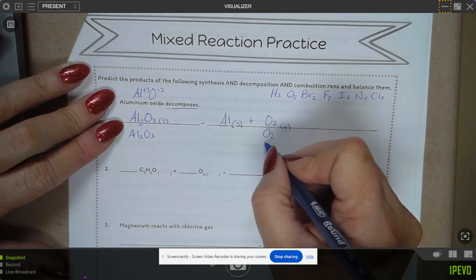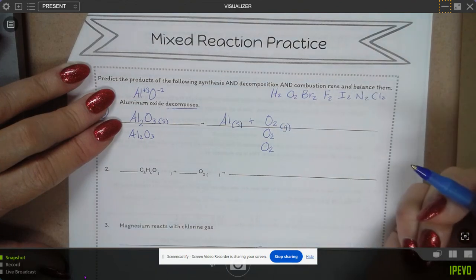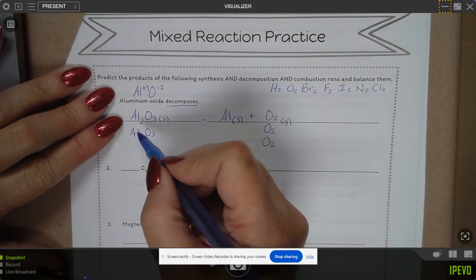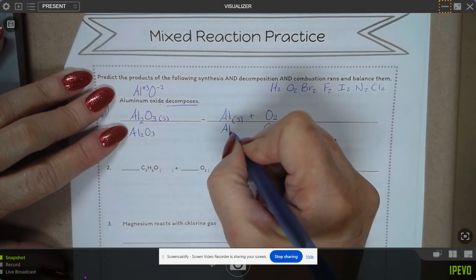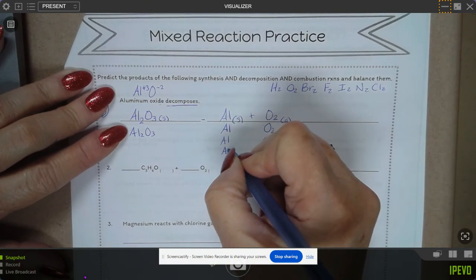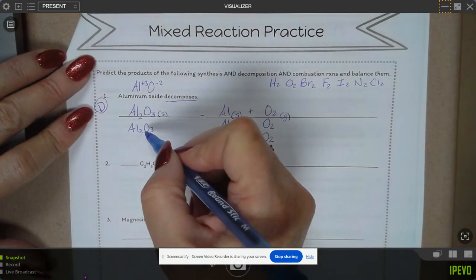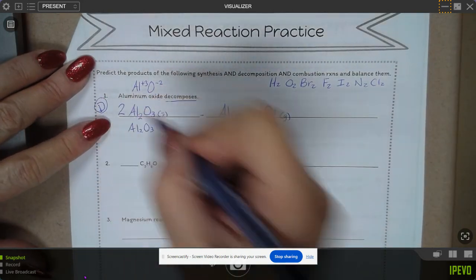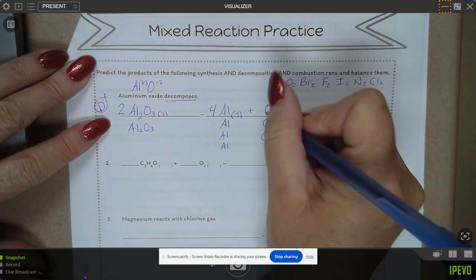So if I add another O2, check it out, 2, 4, 6. My aluminum, I have 2, 4 aluminum, only 1 here. So I'm going to go 1, 2, 3 more. Now my equation is balanced. So my coefficients are 2 of these, 4 aluminum, and 3 O2 molecules.